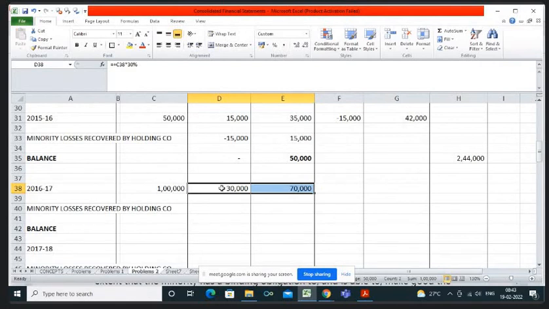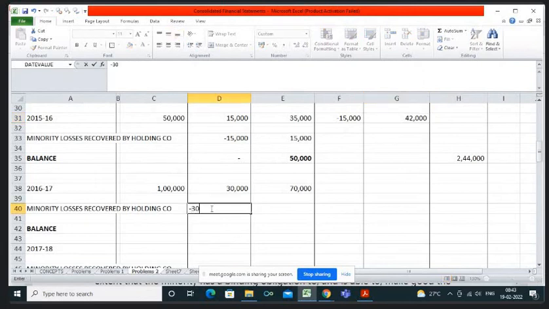So 30,000 profit belongs to the minority holders, 70,000 belongs to the holding company. But since we already have unabsorbed losses of minority of 42,000, this will entirely go to this one.